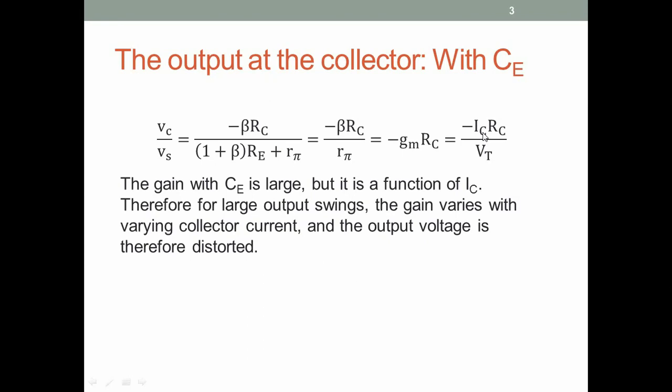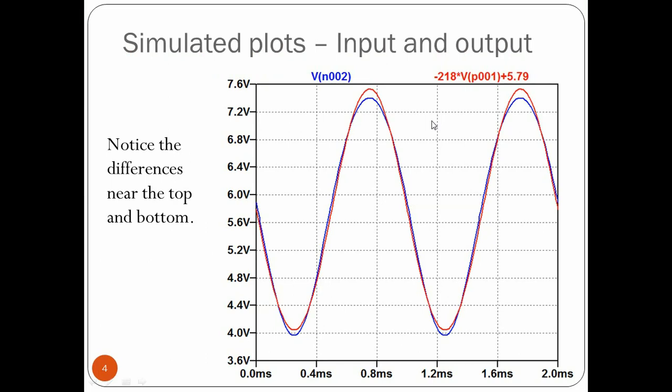We had seen this before, but again, here is the plot where we had applied a small input at the base and we had looked at the output. The input, which is a pure sine wave, is the red one, and I've plotted them on top of each other.